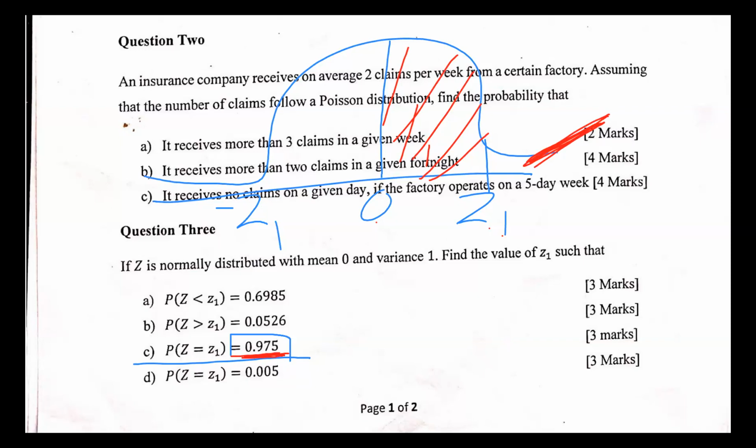So you can say 1 minus this number will give us the critical value, the critical Z. What number is it? 1 minus 0.9 ... 0.025. So that is the area which falls this side, 0.025.